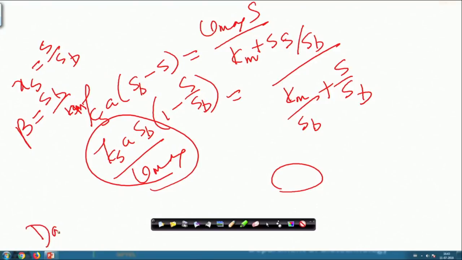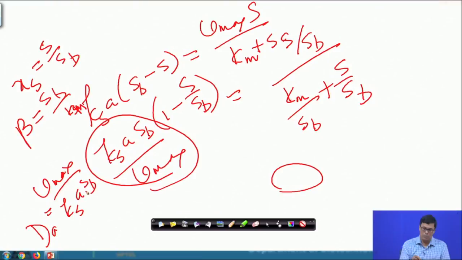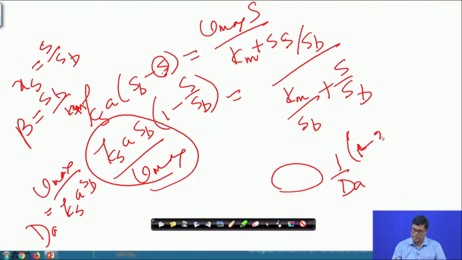What is the Damkohler number? The Damkohler number is equal to the maximum velocity of reaction divided by the maximum mass transfer. The mass transfer will be maximum when S will be 0. If S equals 0, your driving force will be maximum. Now if you put this value here, then what will we get? 1 by Da, and this is 1 minus Xs. This will be equal to Xs, and this is beta, 1 by beta.